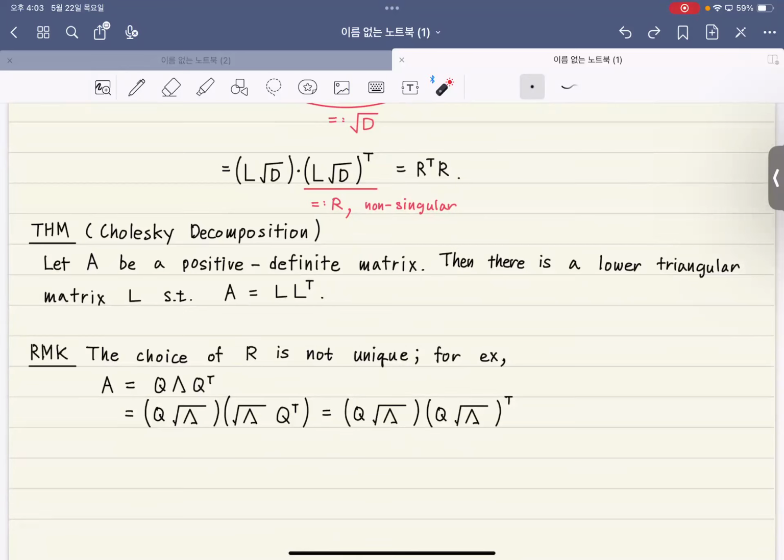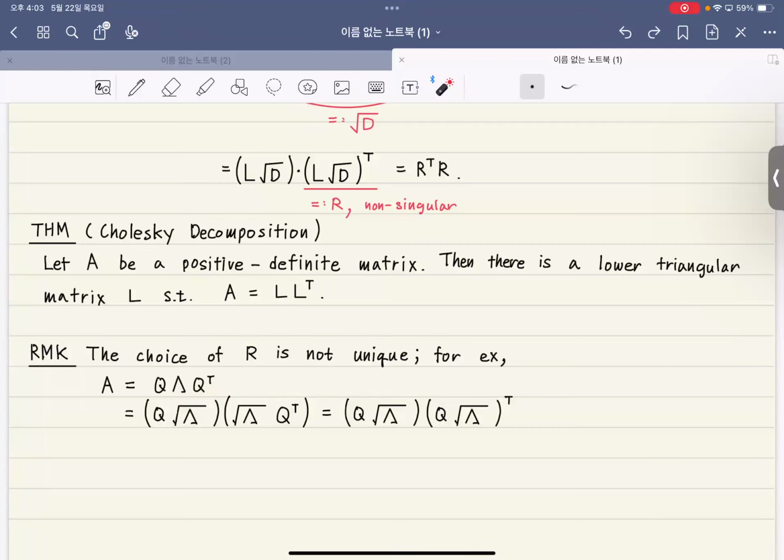Since A is real and symmetric, it is orthogonally diagonalizable. So A can be written as the orthogonal matrix Q times the diagonal matrix lambda times Q transpose, right?